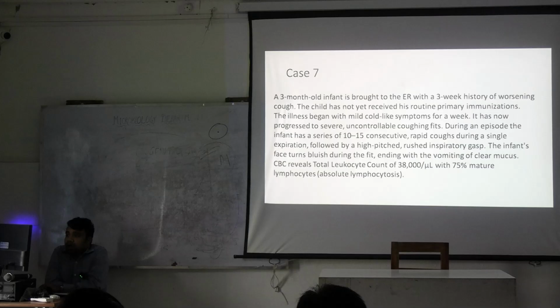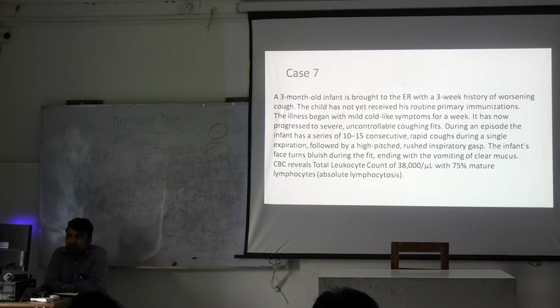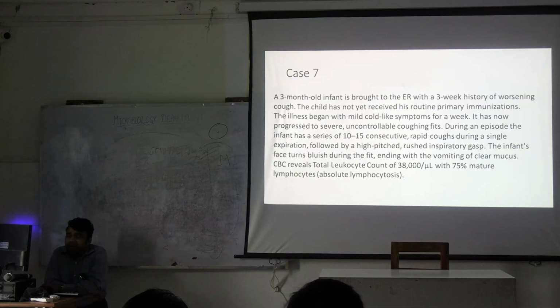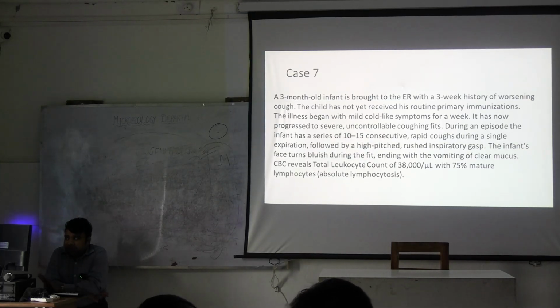Next question. A 3-month-old infant is brought to the emergency room with a 3-week history of worsening cough. The child has not yet received his routine primary immunization. The illness began with mild cough-like symptoms a week ago and then progressed to severe uncontrollable coughing fits. During an episode, the infant had a series of 10 to 15 consecutive rapid coughs during a single expiration, followed by a high-pitched rushed inspiratory gasp.